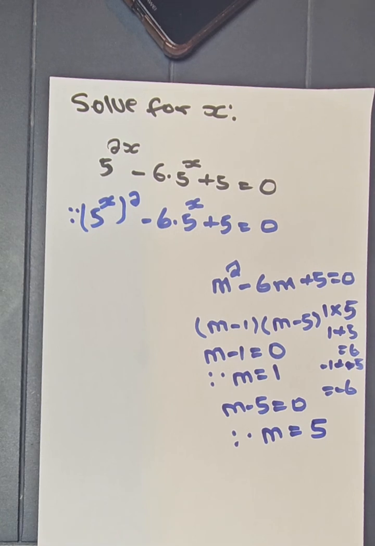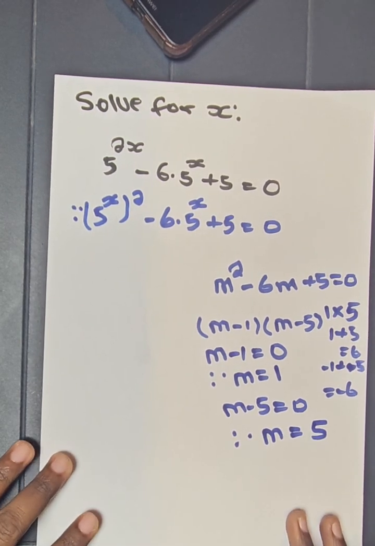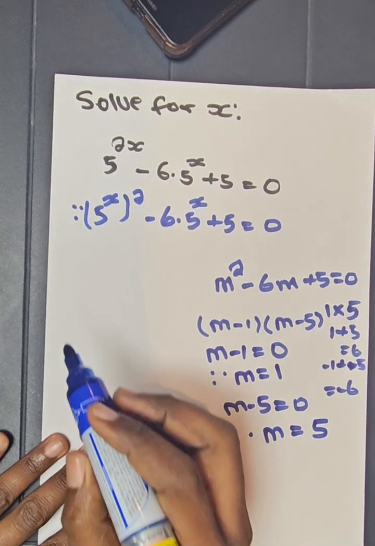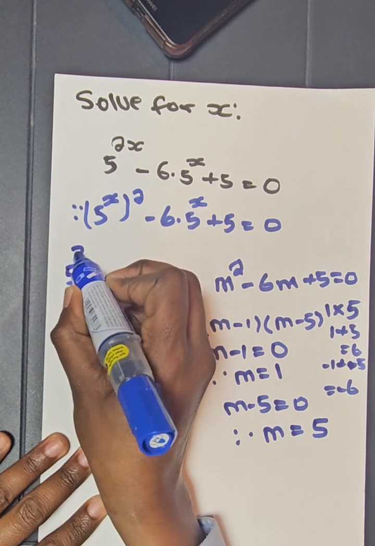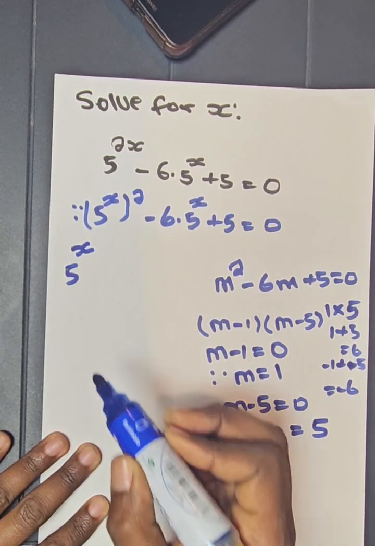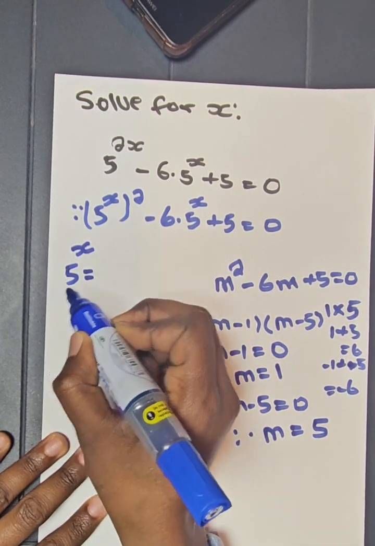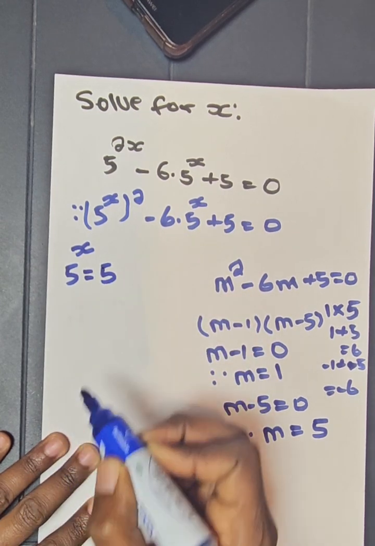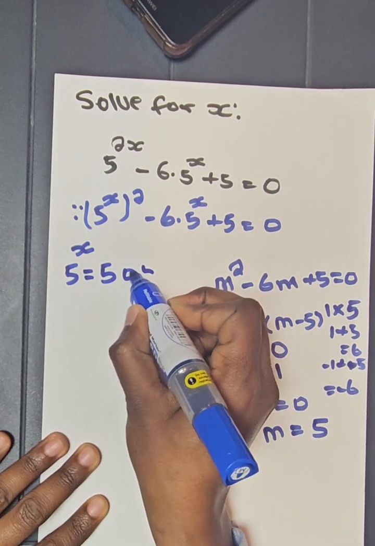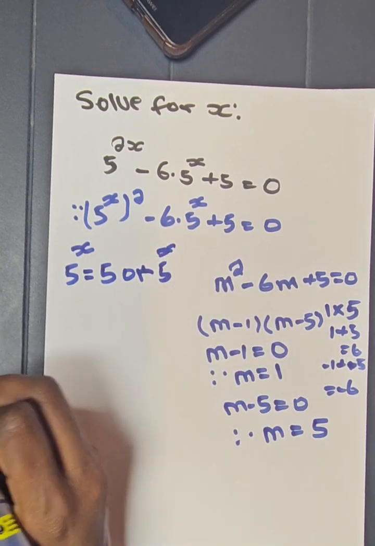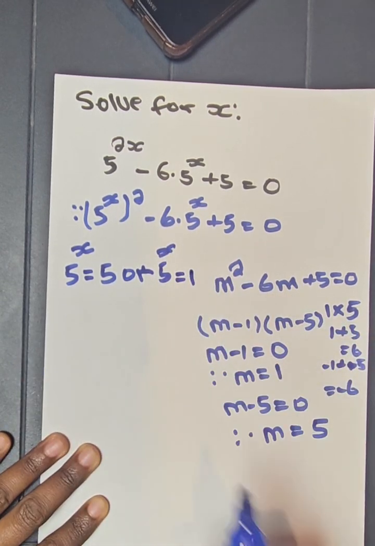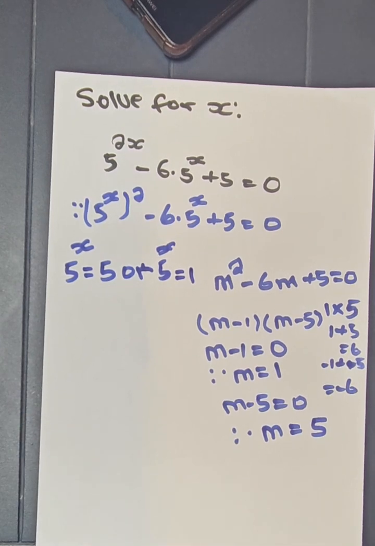Now we did solve it for m. Let's take the solutions for m and get our exponential equation. 5 to the power of x equals 5, or 5 to the power of x equals 1, because we get two values for m, 1 or 5.